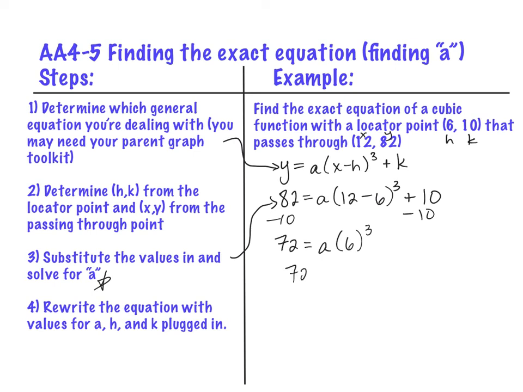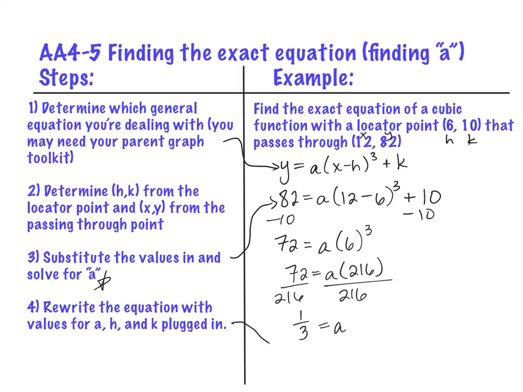So I have 72 equals a times 216. Divide by 216. And I get 1/3. I get 0.33 repeating. I can also just reduce that fraction. Since that's not a terminating decimal, I'm going to go ahead and leave it as 1/3.